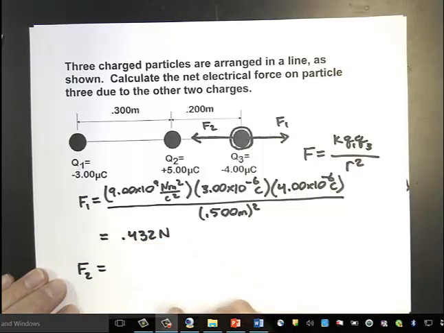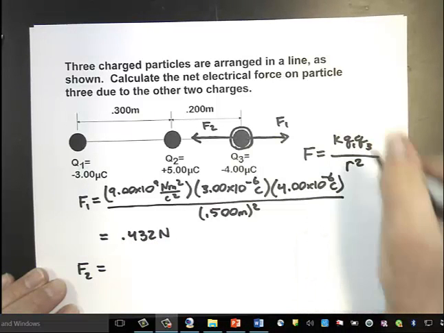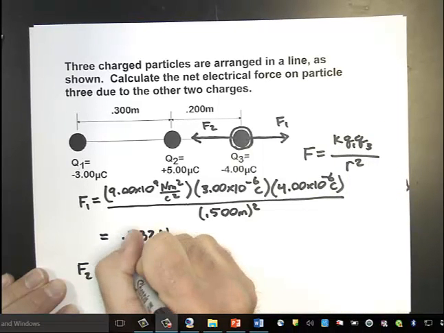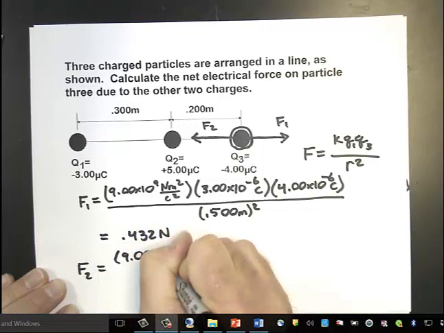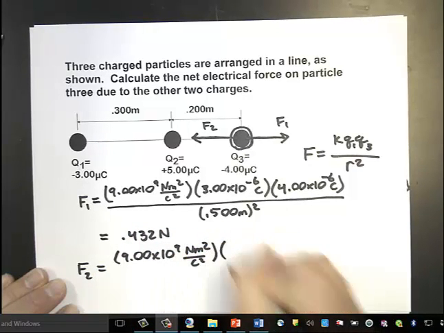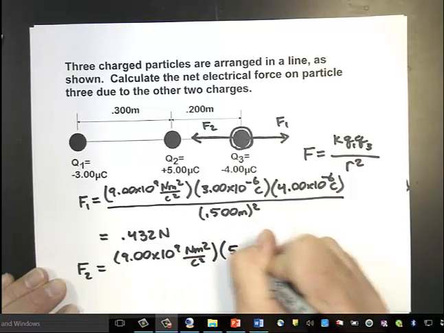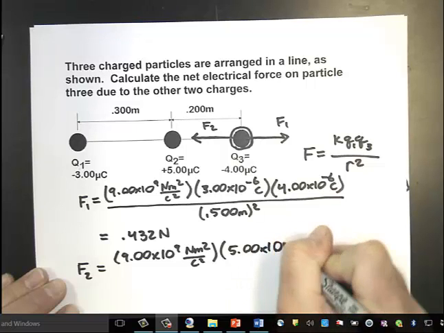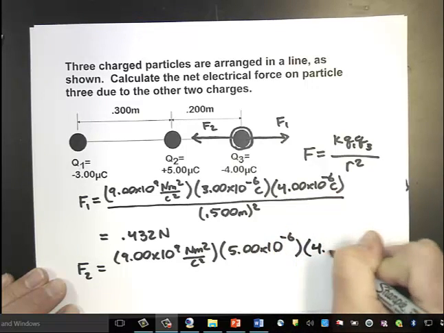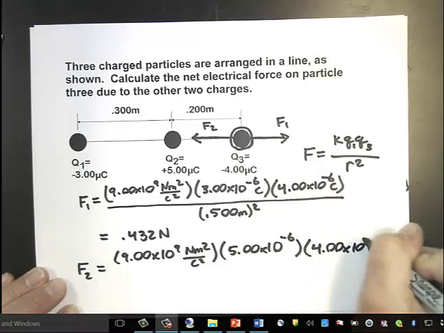2. Okay, using the same equation, except I'm going to do Q2 and Q3. 9 times 10 to the 9, 5 times 10 to the minus 6, that's Q2. Q3, once again, 4 times 10 to the minus 6.